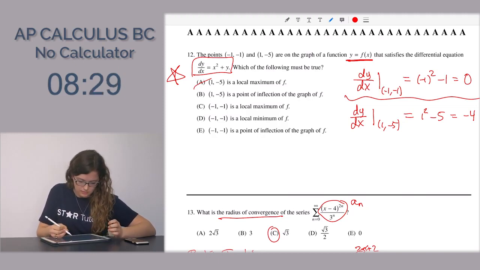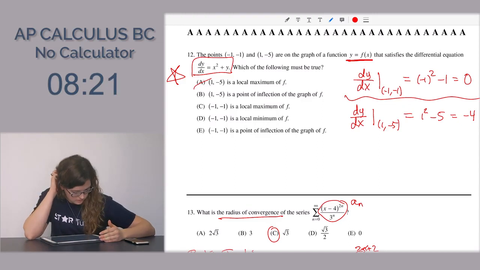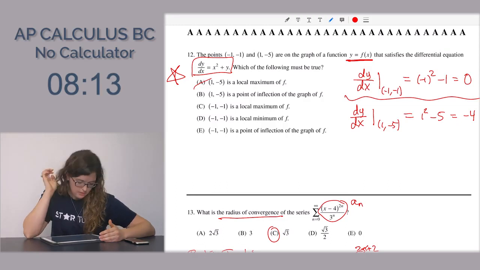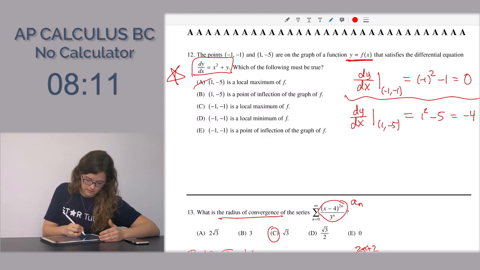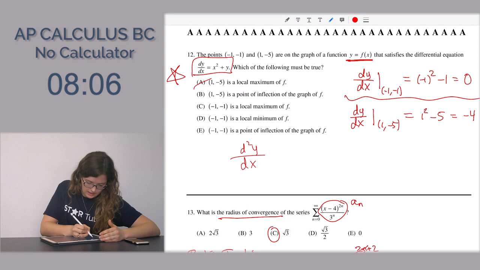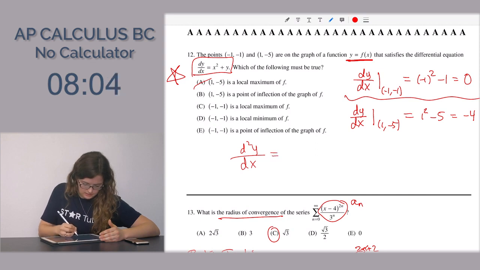How could I do this? This is a linear differential equation. So to find if it's a max, no, this is going to be tricky. Let's take the second derivative. I'm taking the derivative again of this expression with respect to x to see what I get.